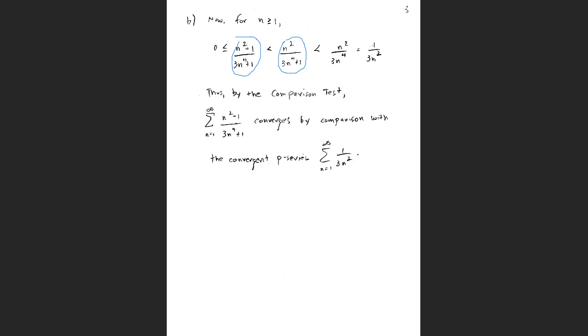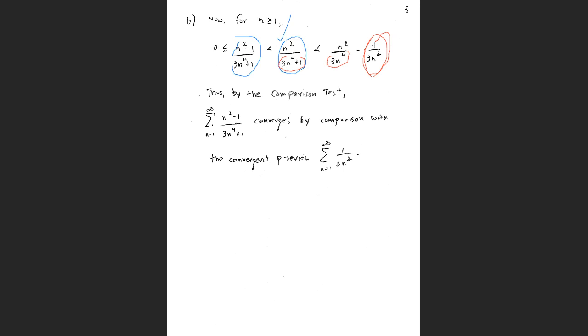All right. Now, that establishes this inequality. But again, the goal is to get to that 1 over 3n squared. That's what we want to get to. Well, I know that the denominator 3n to the 4th plus 1 is greater than 3n to the 4th.